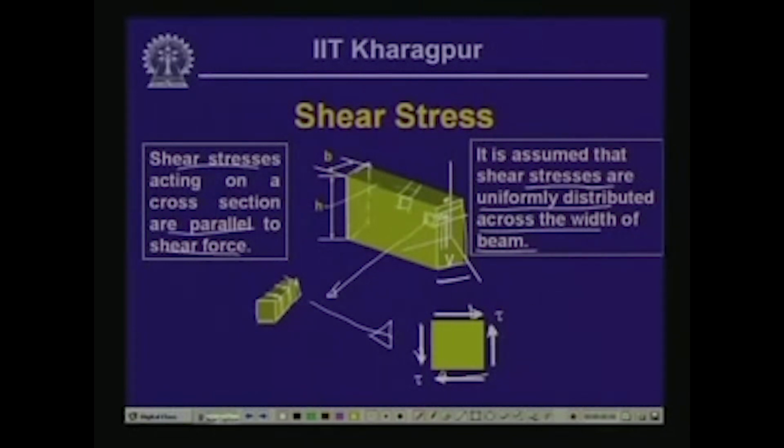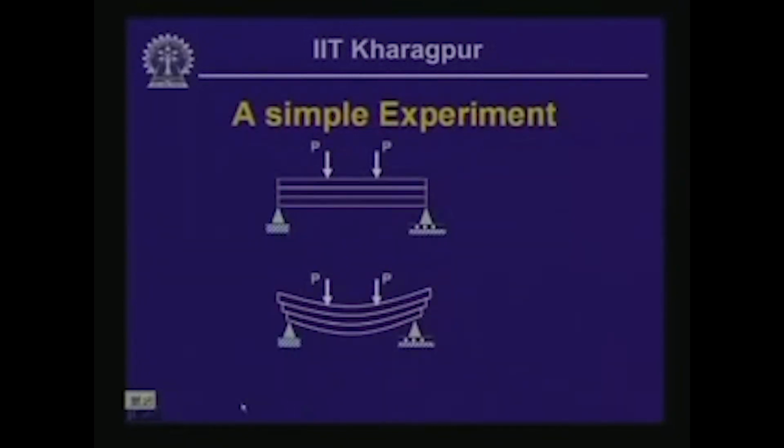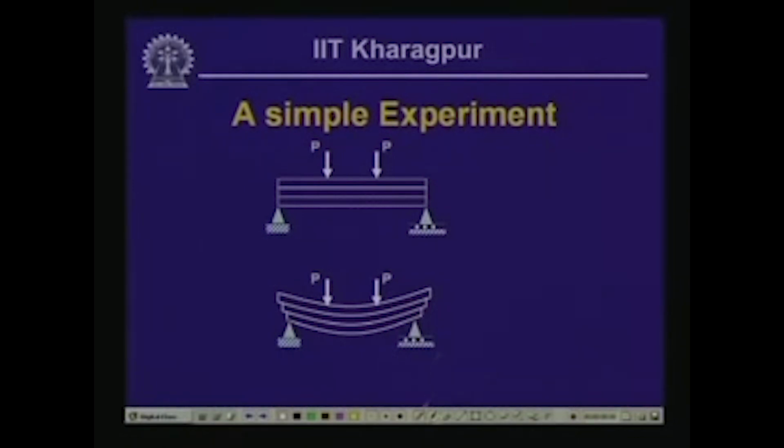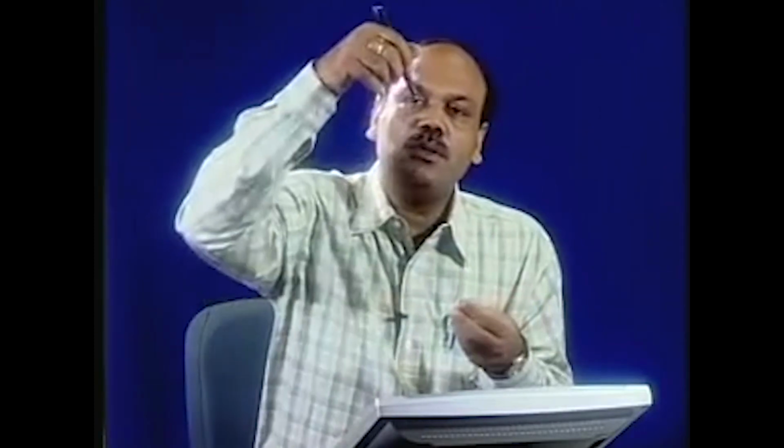Now, let us evaluate the magnitude of the shearing stress in terms of the sectional parameters. Before we go into the evaluation, you can think of a simple experiment. We take a number of small beams which are supported on supports, resting one after another, and we apply a load on top of this beam.